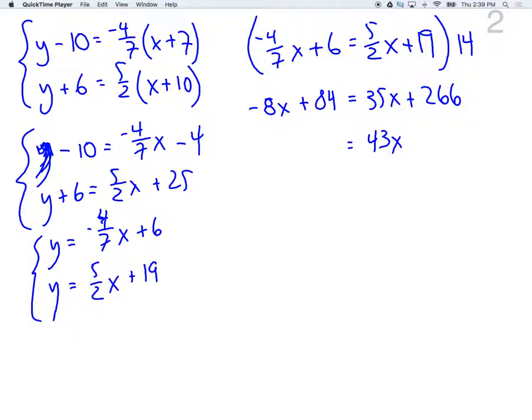Or anybody? I don't care. It's going to be negative 182. So x is equal to negative 182 over 43. Oh, sorry, I just threw up a little bit in my mouth.